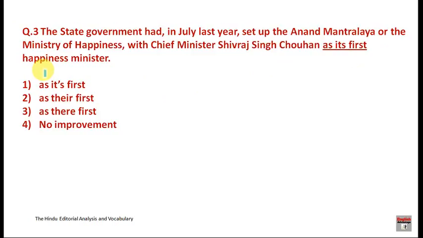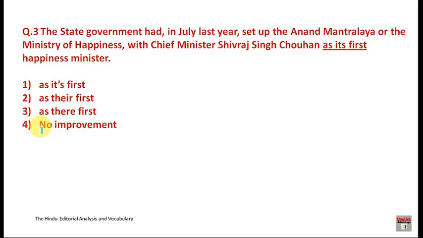Now let us see question number 3. The state government had in July last year set up the Anand Mantralaya, or the Ministry of Happiness, with Chief Minister Shivraj Singh Chouhan as its first happiness minister. Since we are talking about the Mantralaya, and Mantralaya is a singular noun, so as its first is correct.